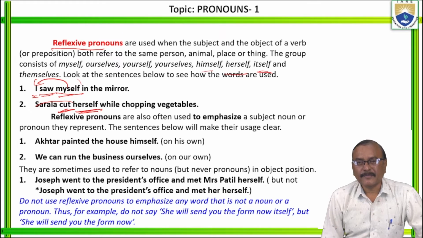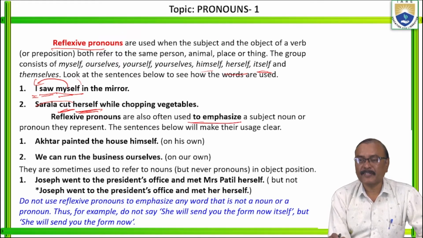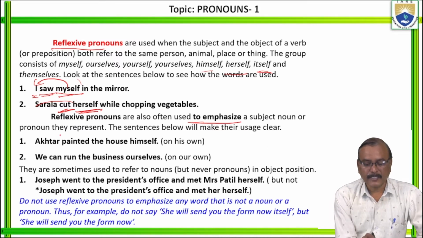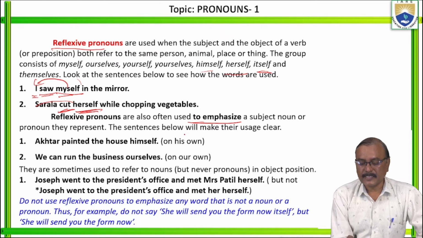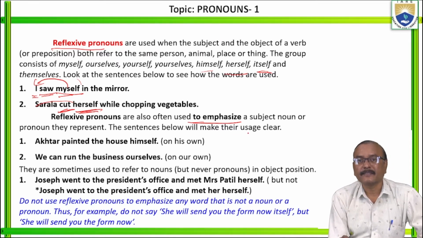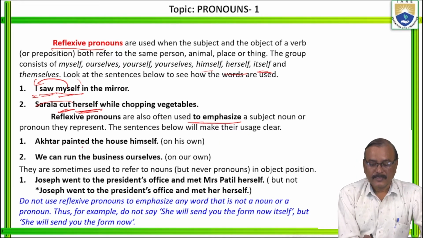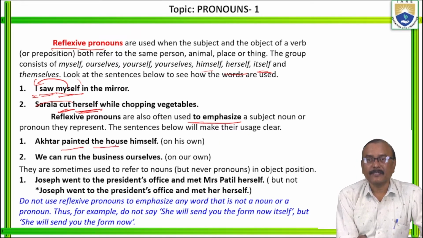Sometimes these reflexive pronouns are also used to emphasize the subject, noun or pronoun they represent. The sentences below will make their usage clear. Akhtar painted the house himself. He painted what? The house.